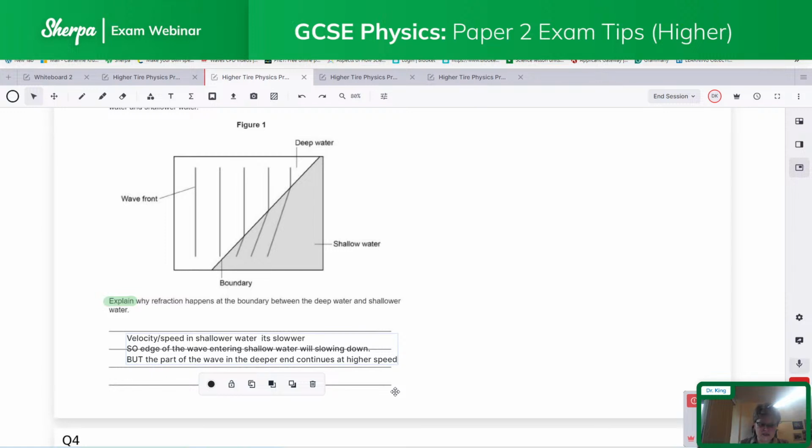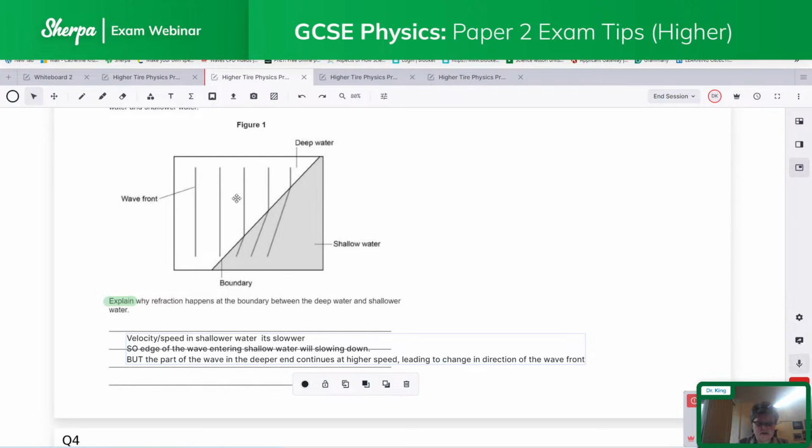So the information that waves slow down in shallow water and continue at higher speed in deeper water leads to the explanation of why refraction happens: the difference in speeds leads to a change in direction of the wavefront.